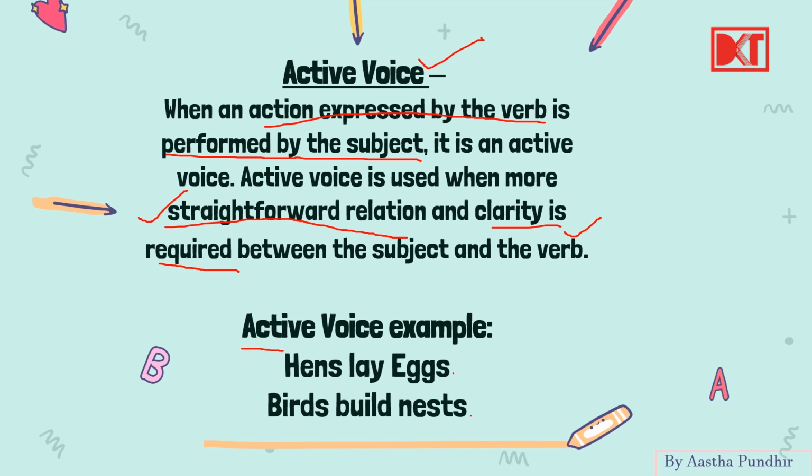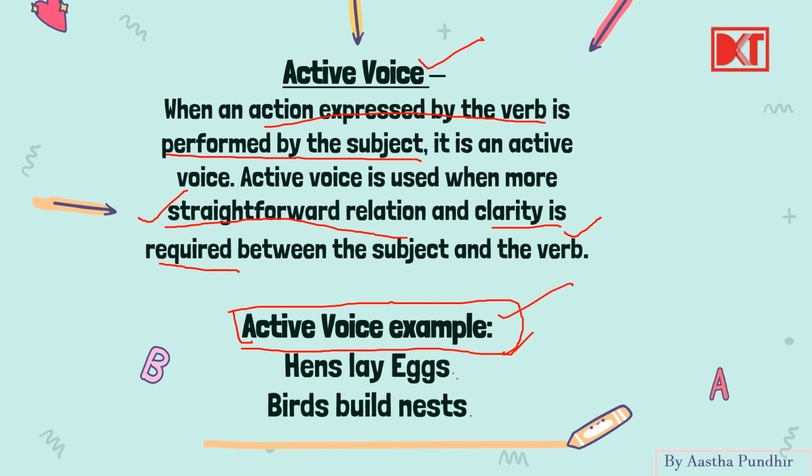But let me tell you, there's nothing to be confused about. Active and passive voice are pretty simple, pretty easy if you understand the basic concept. Basic concept क्या है हमारा कि एक subject है, subject या तो action perform करेगा या receive करेगा. अगर subject action perform कर रहा है तो active voice हो गई, और passive voice क्या होगी वो हम अभी आगे देखेंगे. For the time being, active voice के example you see here.